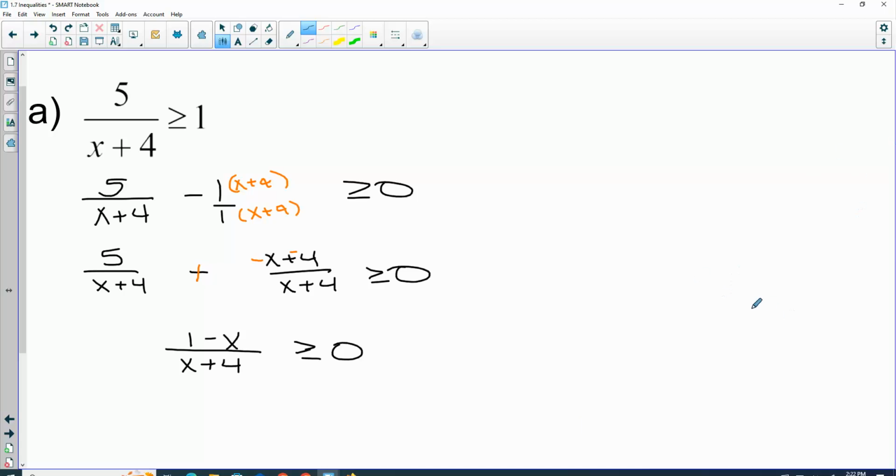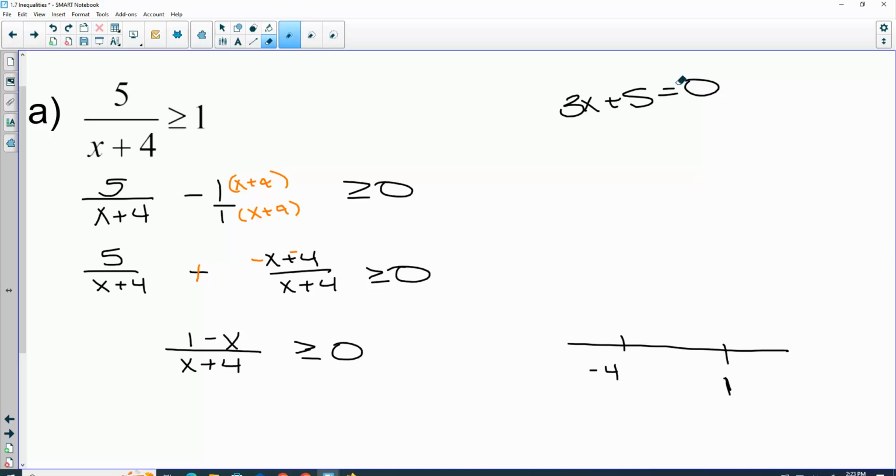What makes 1 minus x equal 0? 1. What makes x plus 4 equal 0? Negative 4. Alright, and if you guys need to work those out, feel free to. You know, if you have something like 3x plus 5 and you can't tell, you can work it out as an equation. Okay, I'm kind of skipping that step, but show whatever work you need to.